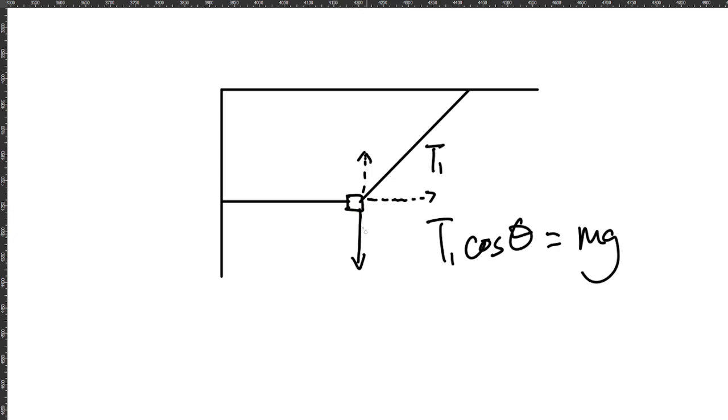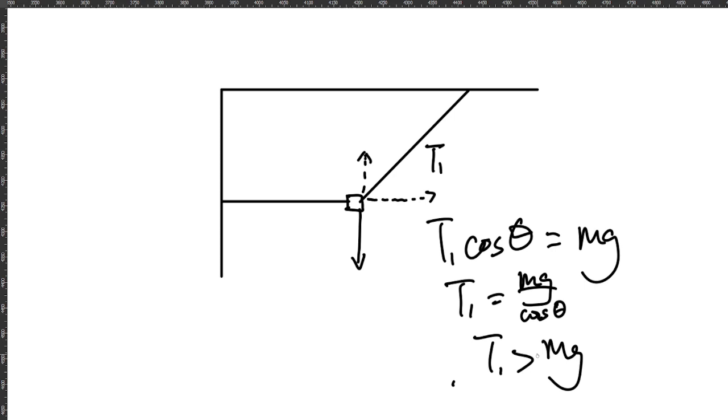Vertical component is equal to the gravitational, right? We can also say that T1 sine theta is equal to the tension in this string, but that doesn't really matter. All we can say is that T1 is equal to mg divided by cosine of theta. Since cosine of theta is less than 1, that means that T1 is greater than mg.